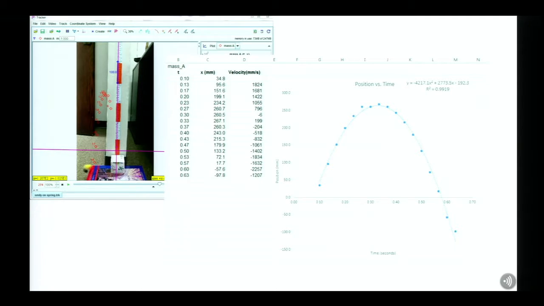When I plug it in and plot it, which you can do either in this software, in Excel, or on a piece of paper, I get a line that looks like this. My curve is described as y equals negative 4217 x squared plus 2723 x minus 192.